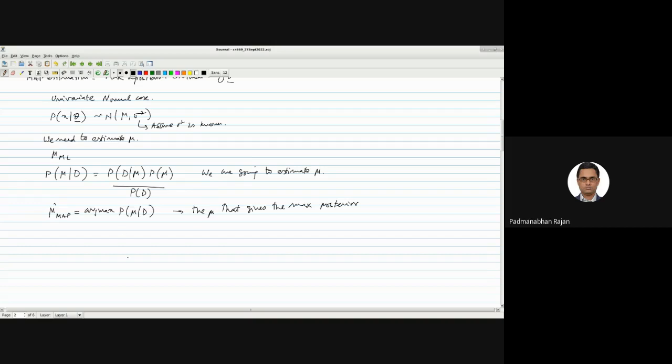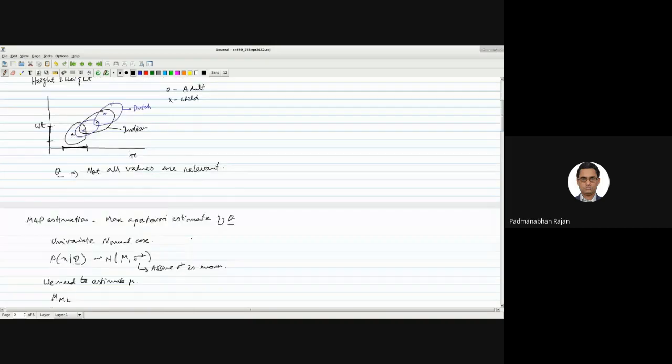So this is the difference, because in the maximum likelihood case, we were looking at only this term, P of D given mu, because that was essentially your likelihood function. We were not putting the prior over the mu, because that is what we want to do here. We want to say that these values of height and weight are more likely than these.